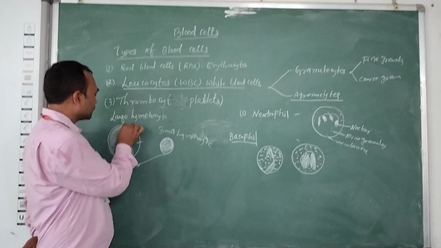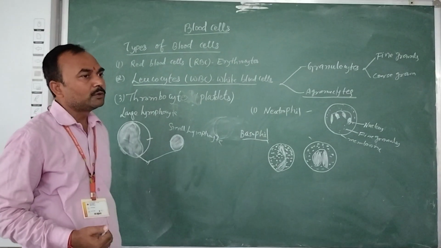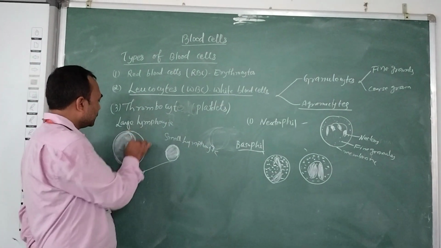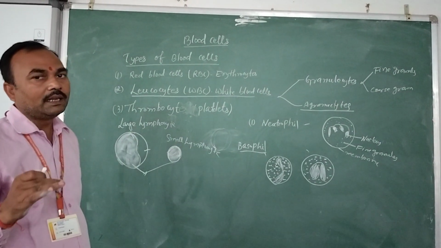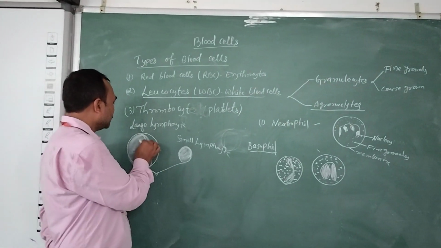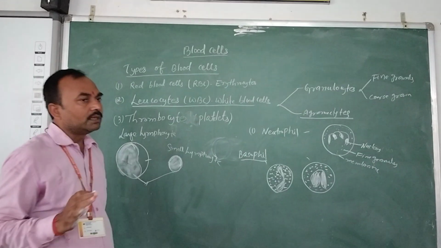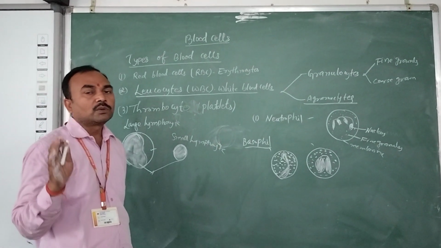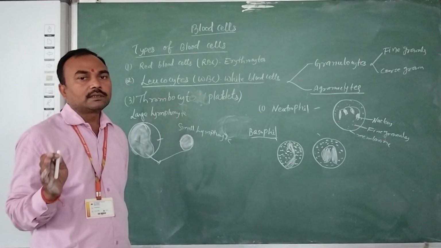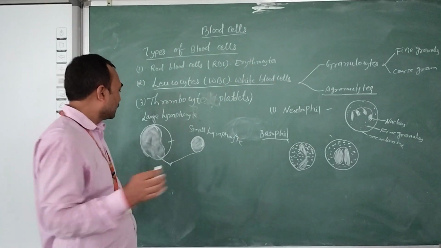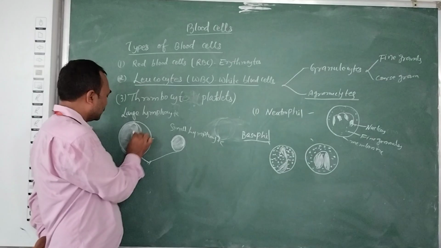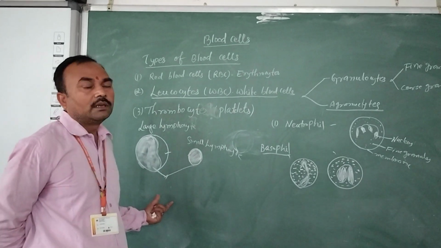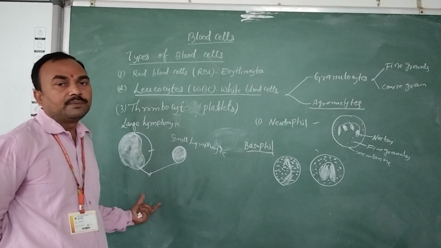Mostly these cells help in the defense mechanism. They arrive a little late. That's why this cell is always increased in chronic diseases like tuberculosis and some other diseases, and it's also increased in viral infections.